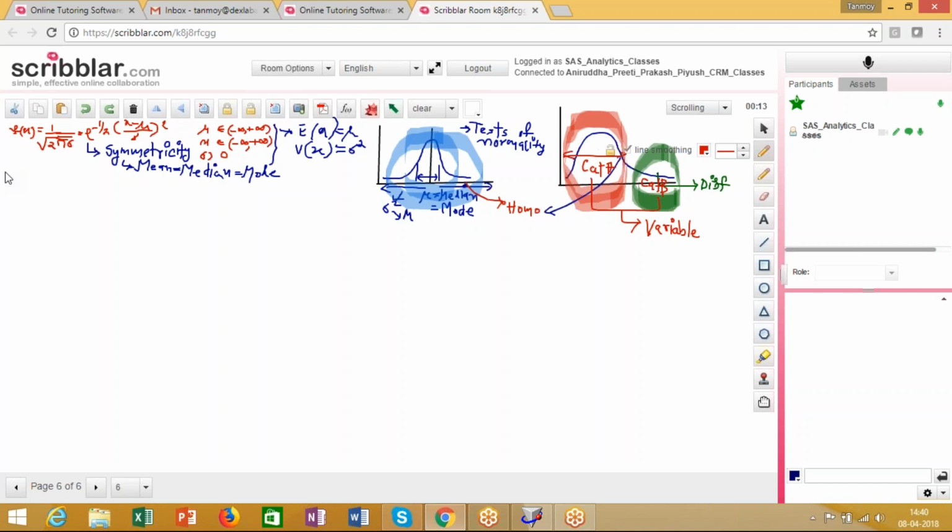Now comes the next part. Say the loans have been given to different kinds of people, right? And this portfolio already has 2 million accounts, right?